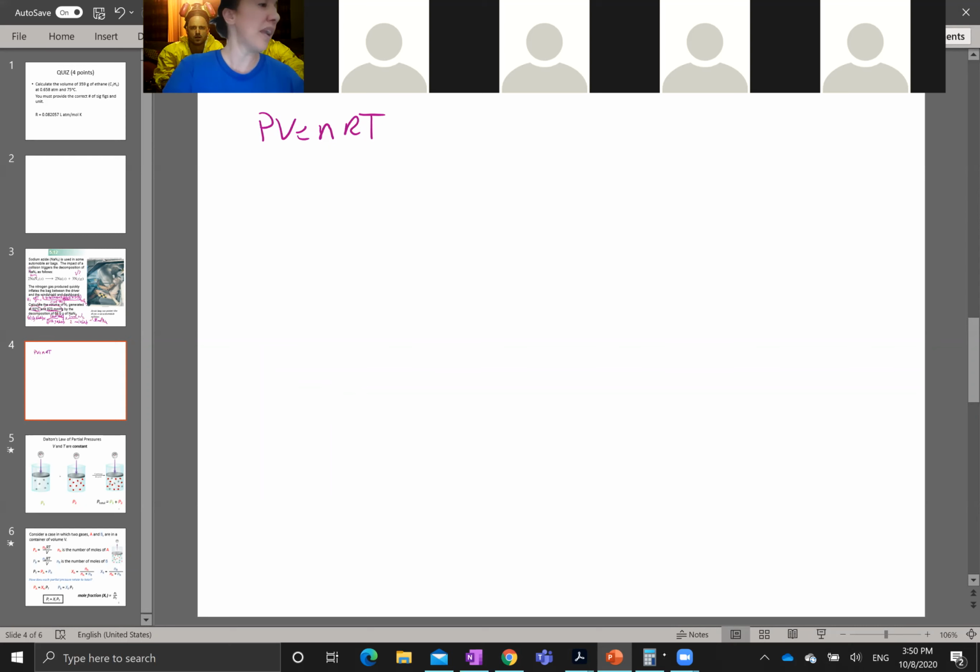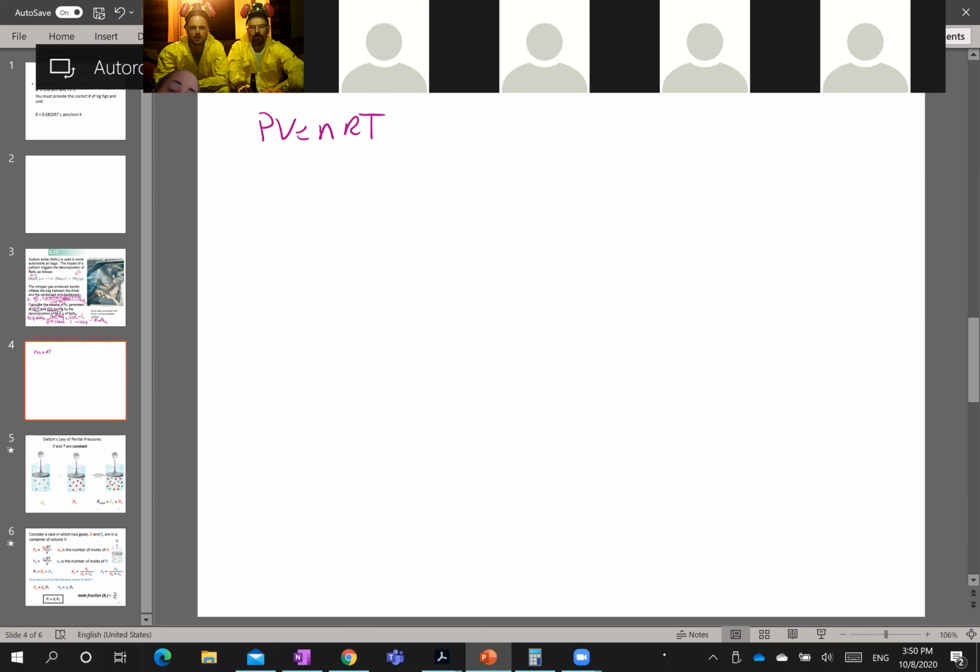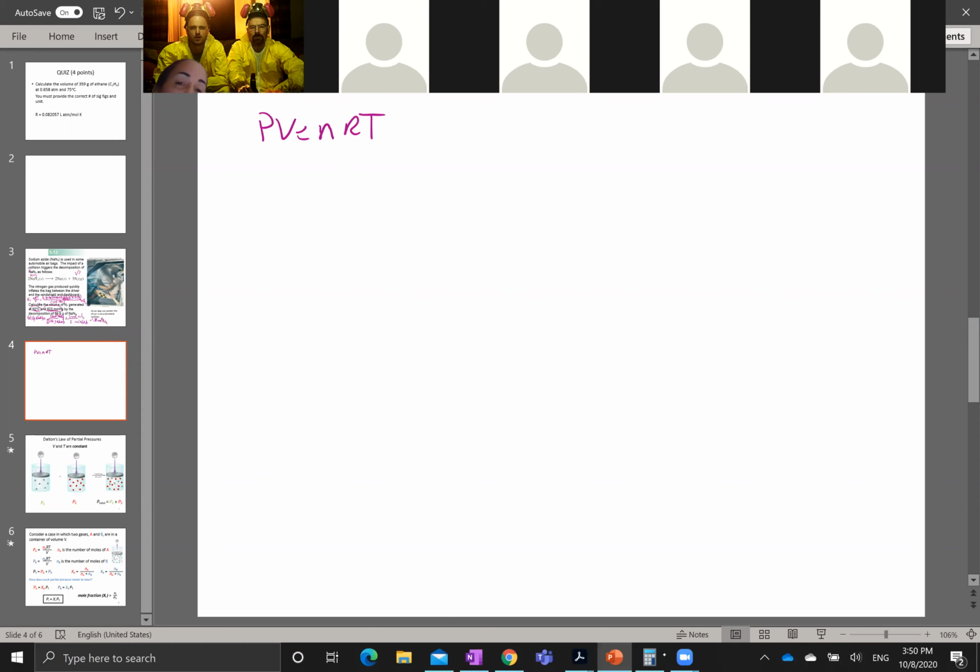All right, so example 5.8, on page 191. I'm doing the practice exercise. It's really simple. It says, what is the density in grams per liter of uranium hexafluoride? What is uranium hexafluoride? Can somebody give me the formula? UF6. That's exactly right.